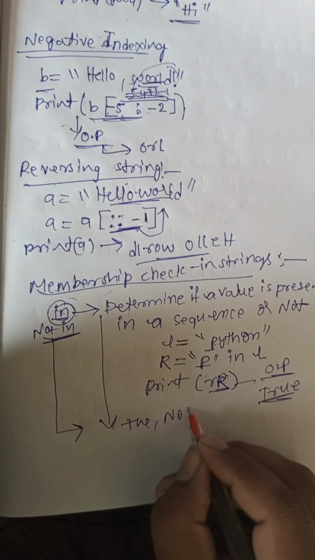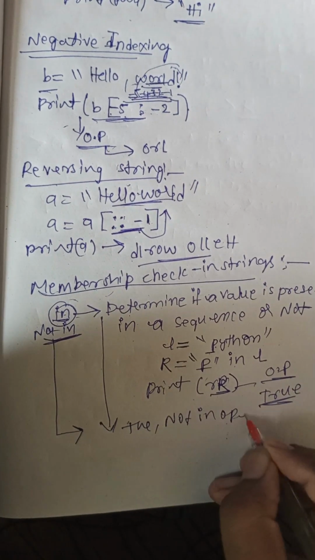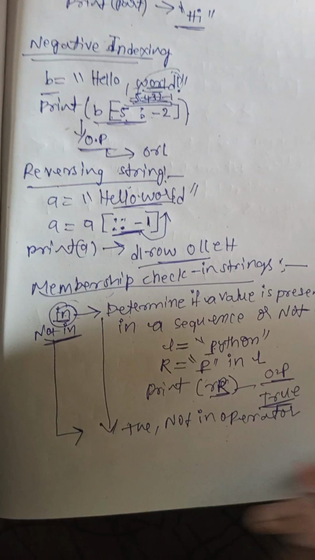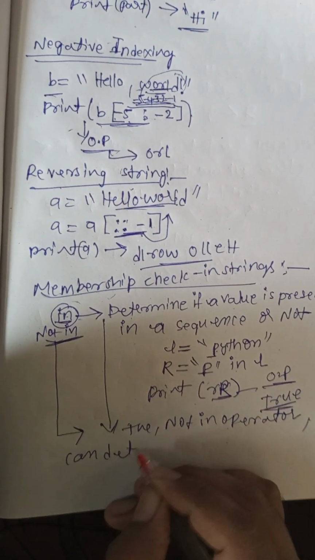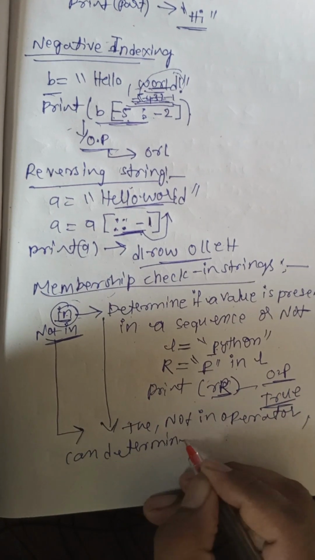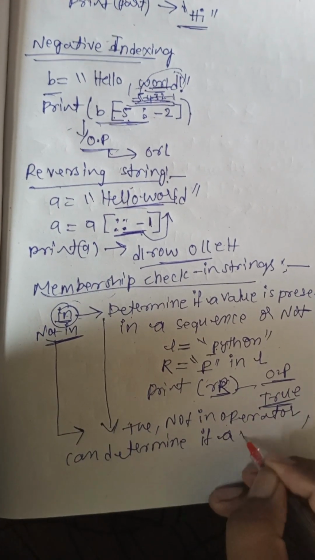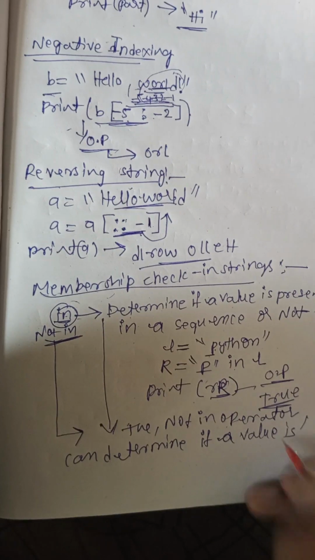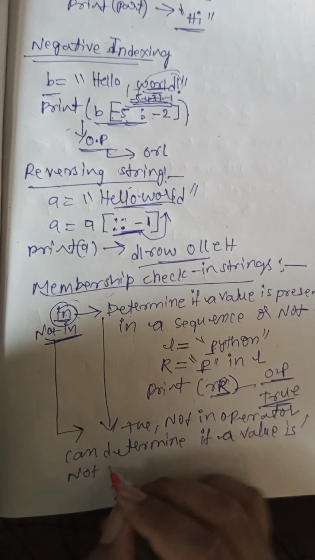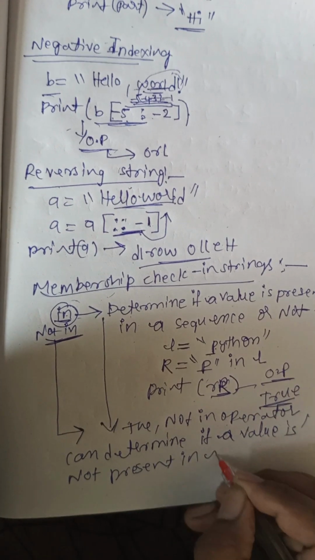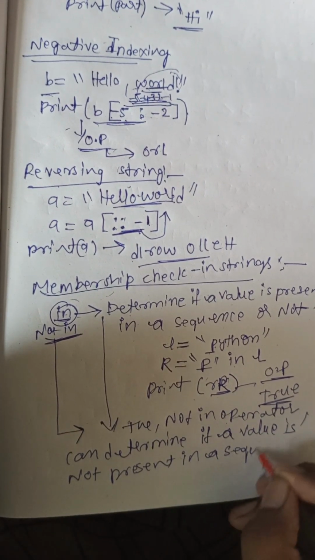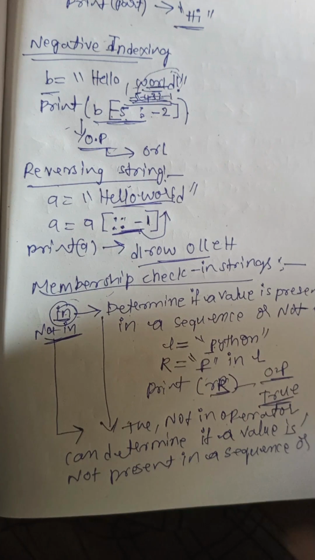The not in operator can determine if a value is not present in a sequence or not.